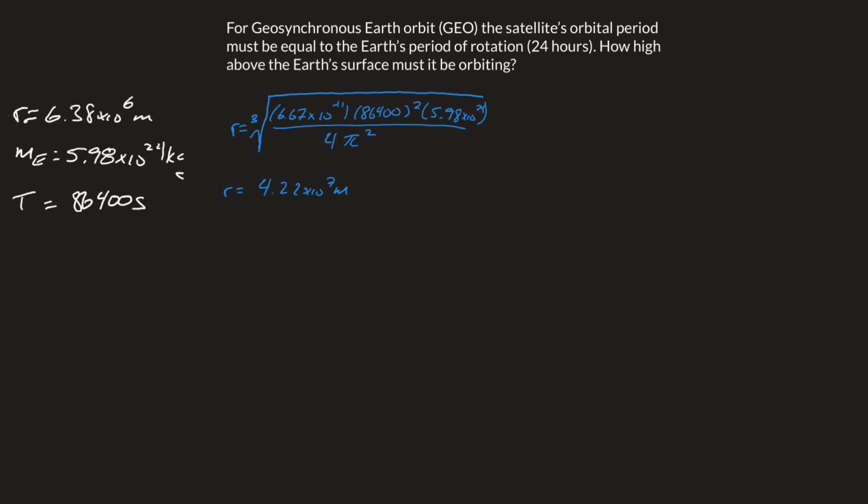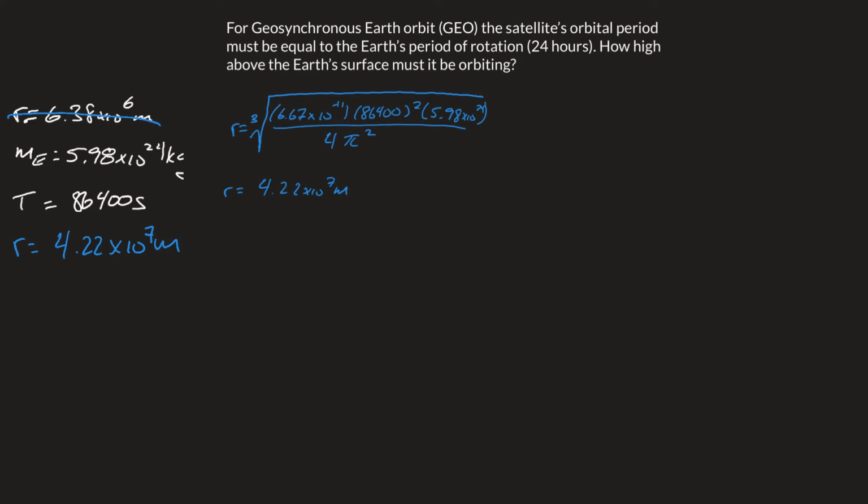We can take our answer from the previous question, where we got the distance from the satellite to the center of the Earth being 4.22 times 10 to the 7 meters. We can take that value and solve for the speed at which the satellite must maintain to remain in GEO. To do that, we're going to do something very similar, where we took our FG and made that equal to FC.